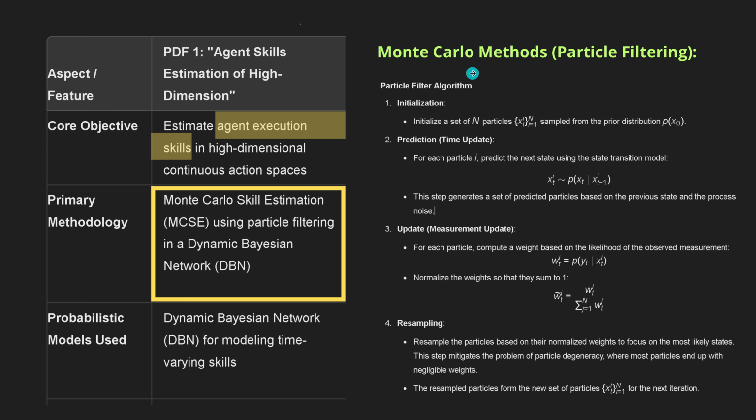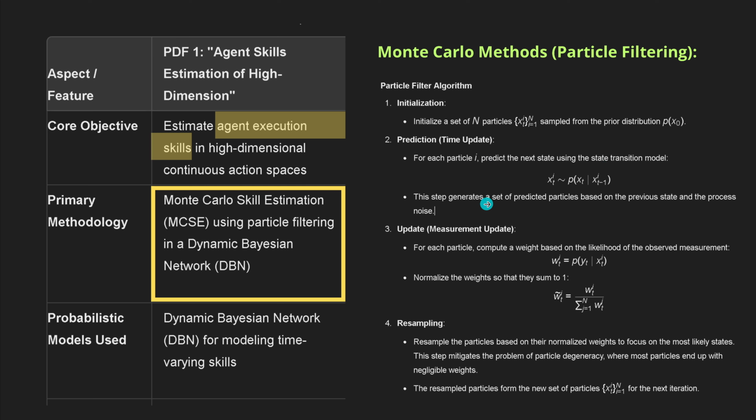Now, the particle filter algorithm is, just think about, the algorithm you have to run. At first you have an initialization with a set of n particles. Remember the little dots that we throw on our little quadrant of the circle where we want to calculate pi. Beautiful. Then we have the prediction, if you want the time update. For each particle i, for each dot that we throw, but we do it of course in a higher dimensional space, we predict the next state using the state transition model.